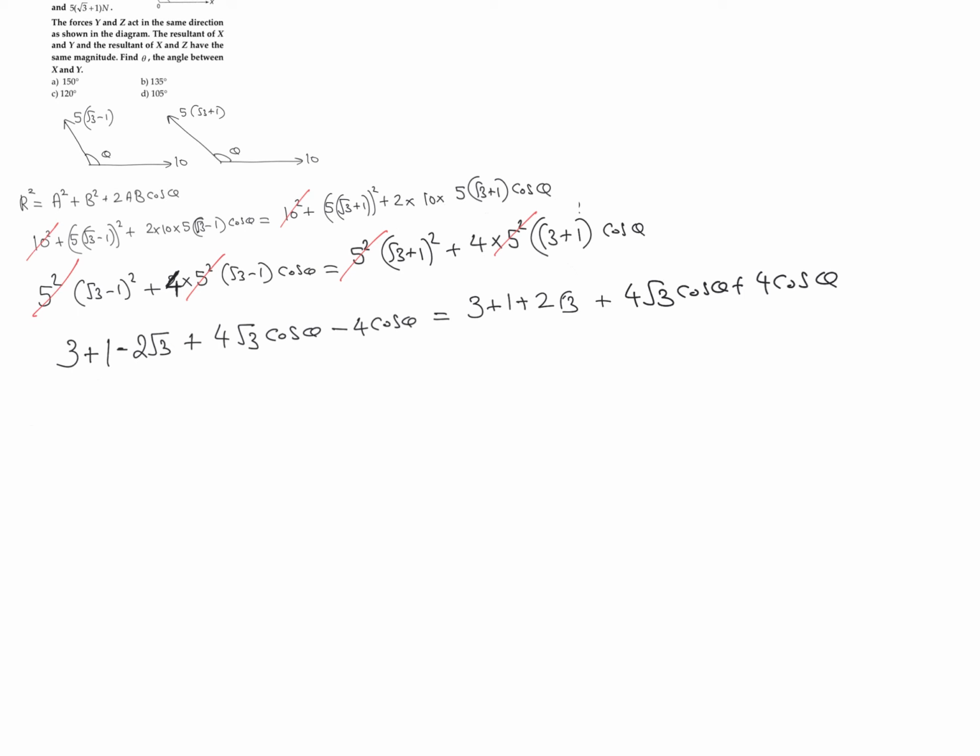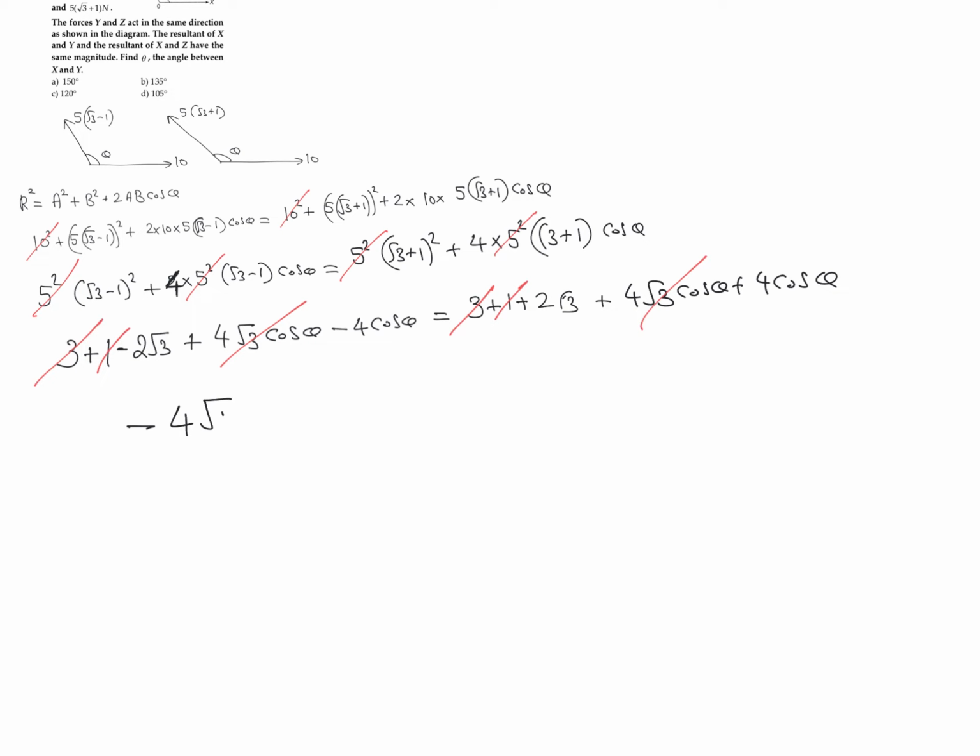So we can find the relation. We cancel this 3 and this 3, this 1 and this 1, and the 4 root 3 cos theta on both sides. The remaining terms are minus 2 root 3 on the left and plus 2 root 3 on the right. If the plus 2 root 3 comes to this side, it becomes minus 2 root 3, so minus 2 root 3 and minus 2 root 3 gives minus 4 root 3.